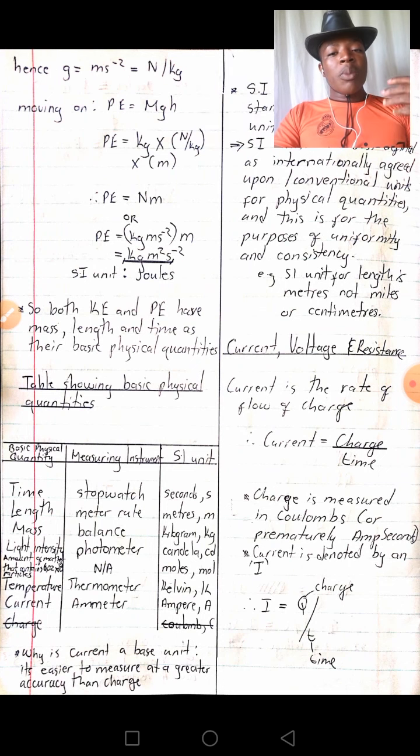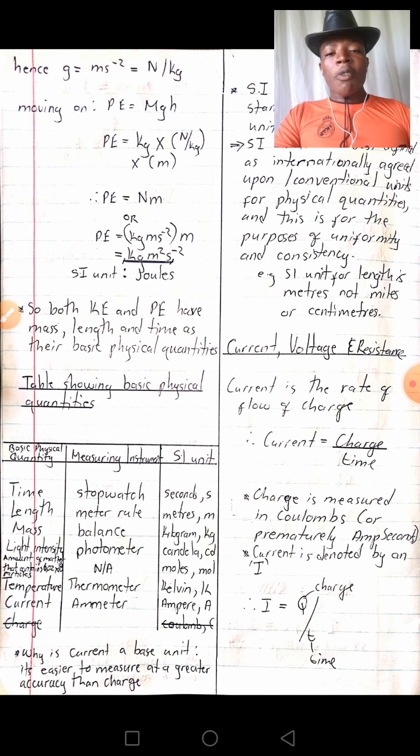I move on to the next page. On this page, moving on with potential energy, which is equal to mgh, you can simply put the basic quantities there. PE is equal to kg multiplied by N over kg multiplied by m. Therefore, PE is equal to newton meters. But remember, we said that acceleration due to gravity is also equal to meters per second squared.